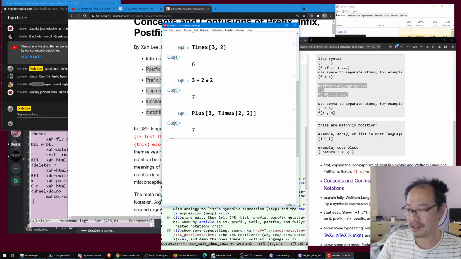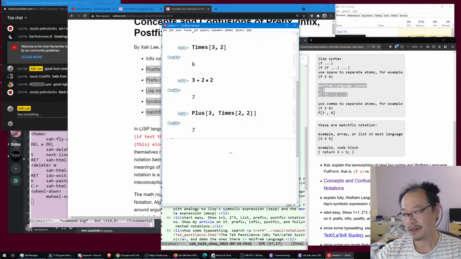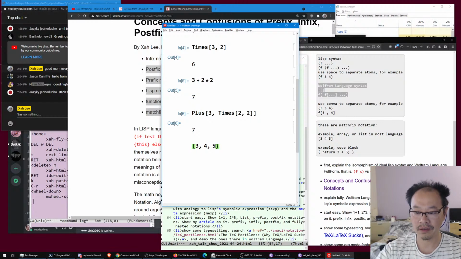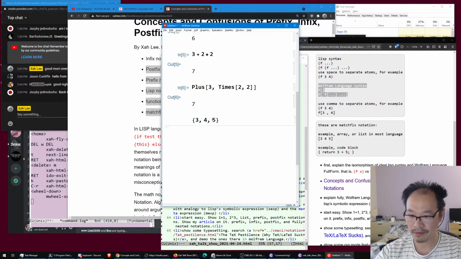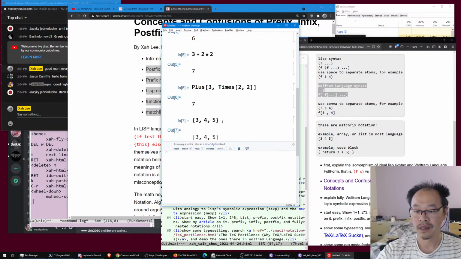So let me show you a bit different example. For example, list, okay? So how do you do a list in Mathematica? This is a list, 3, 4, 5, or array, okay? In many languages, you call it array. In Mathematica, you call it list, okay? So let's say myList equals 3, 4, 5, okay?